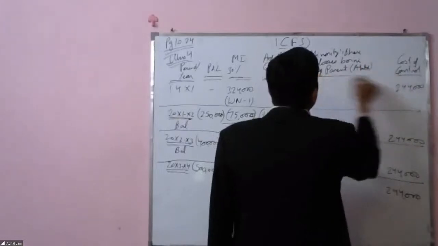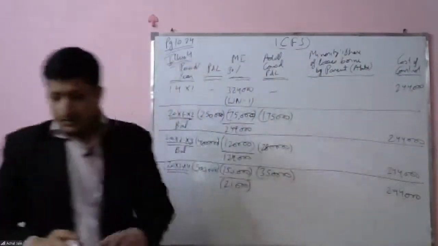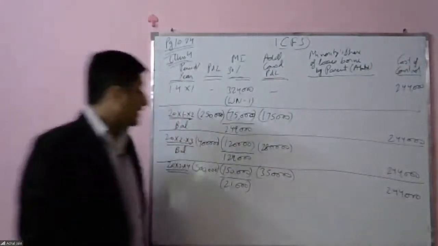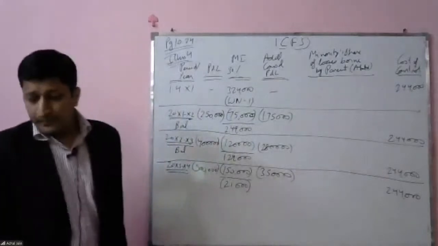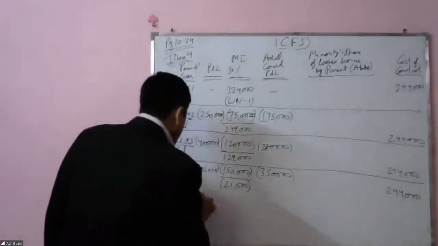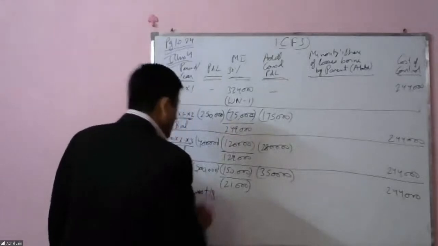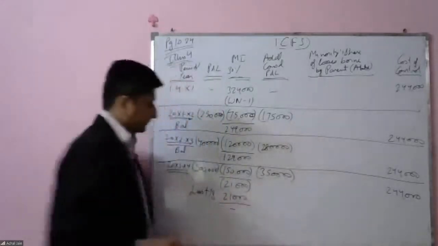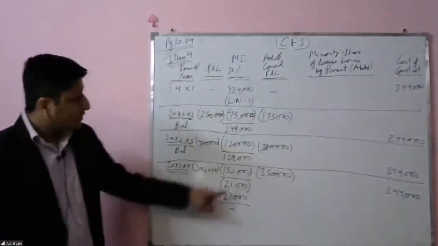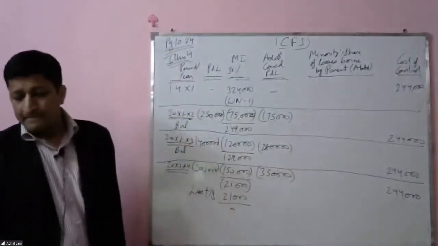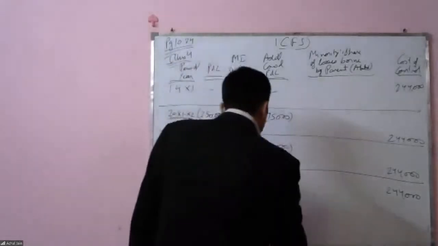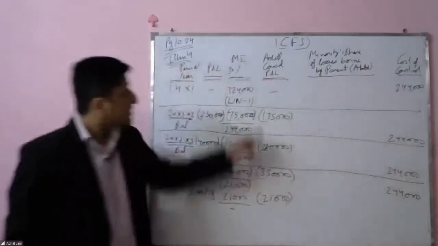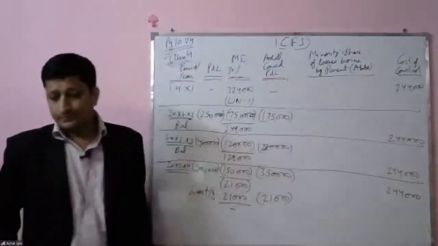A Limited. So let's understand how it will bear the losses. 21,000. Now the loss is transferred, so this will become 0, and this loss will shift over here. So this will become 21,000 negative. So this loss has been transferred to the parent.